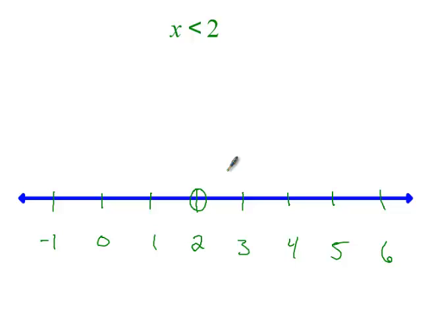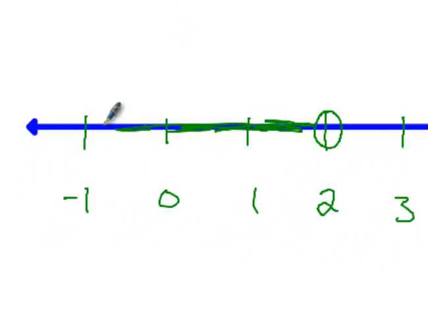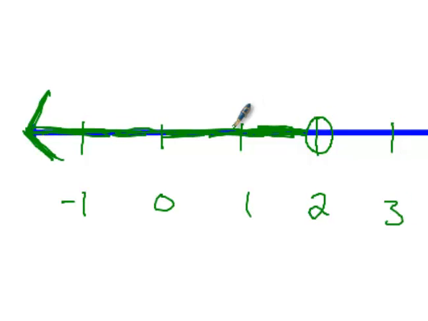Now we know that x is less than 2. Which side of our circle are the values smaller than 2? Right, to the left. So we're going to shade a big arrow all the way to the left and put a big old arrowhead on it, so the reader knows that we are always smaller than 2. The shaded region here is where our inequality exists.